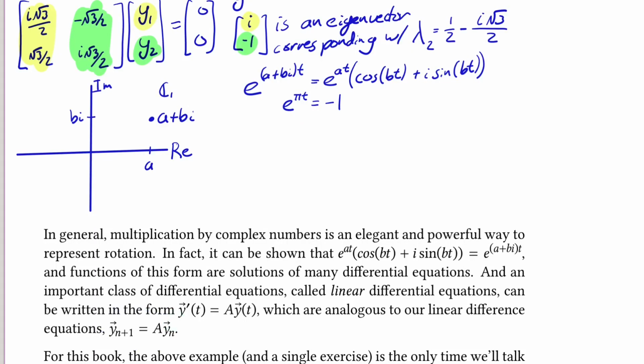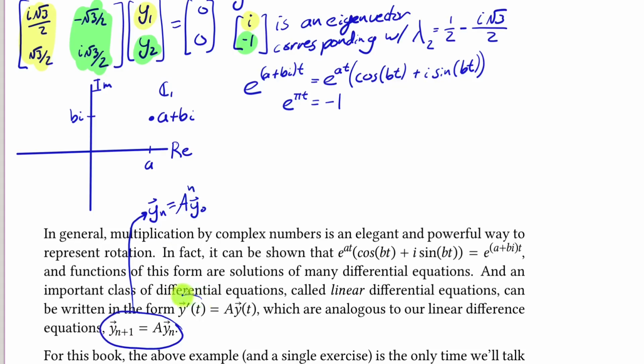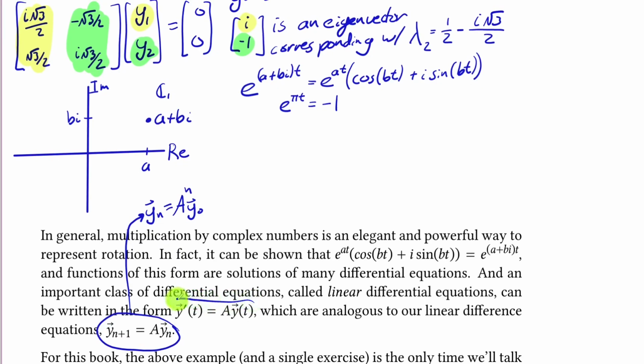But if we allow for complex numbers, we can find a lot more solutions of these difference equations. By the way, solutions of this we showed were of the form y_n is A to the power n times your starting point. Now it turns out linear differential equations can be written in this form.